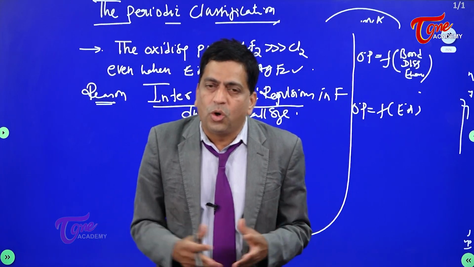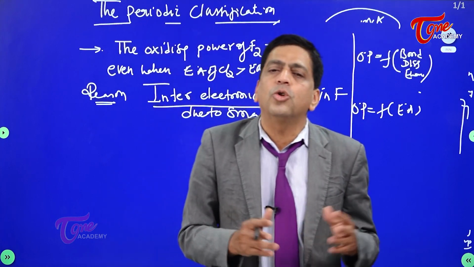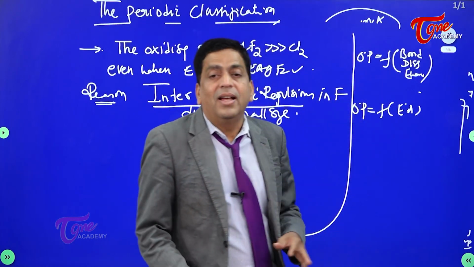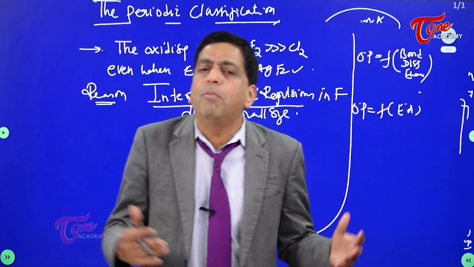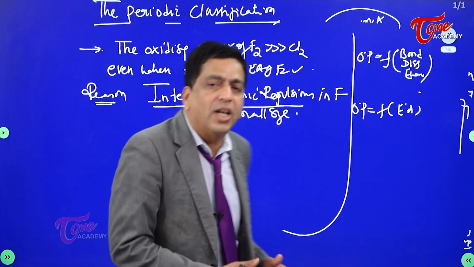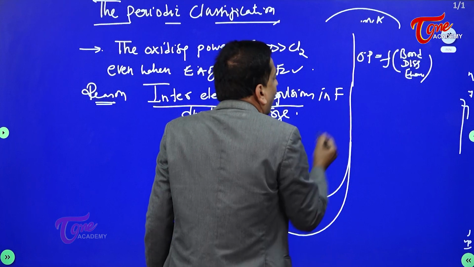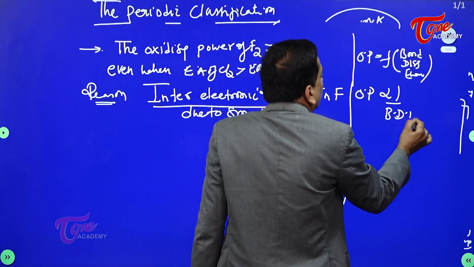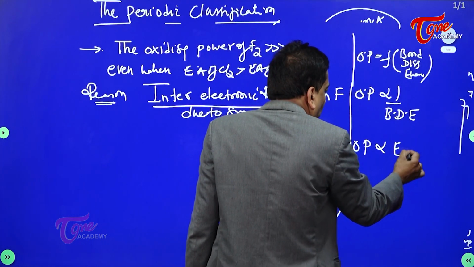That's how the electron affinity is defined. So since no fluorine atoms are available, first of all dissociate them into atoms. And that's why I say oxidizing power is also a function of bond dissociation energies. Smaller the bond dissociation energy, more will be the oxidizing power. So you can say oxidizing power is inversely related to the bond dissociation energy, and directly proportional to electron affinity.